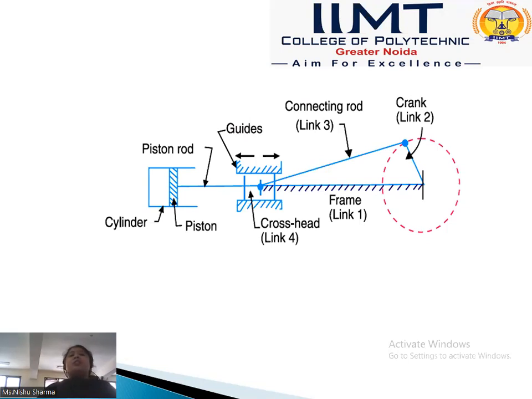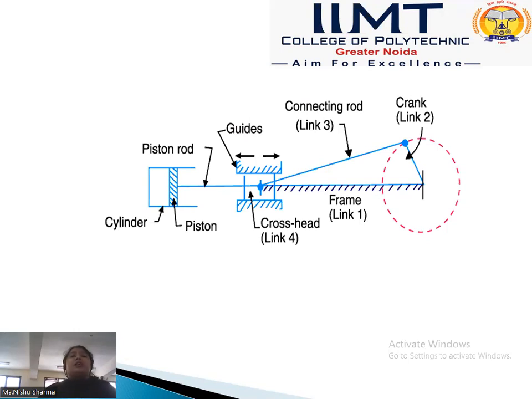Okay, so now in this diagram, we see that link 1 is the frame, and link 2, the crank, is connected. Then it forms pair 1 2, and the crank is rotated about the frame, so it forms a turning pair, because the crank is turning about the frame. A turning pair is formed when the two links have a relative turning motion. So the 1 2 pair is a turning pair.